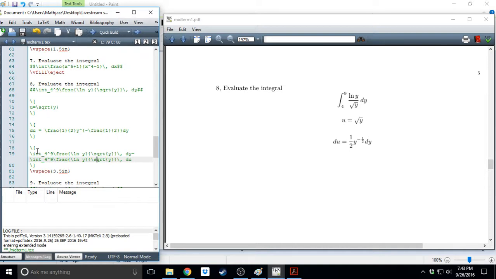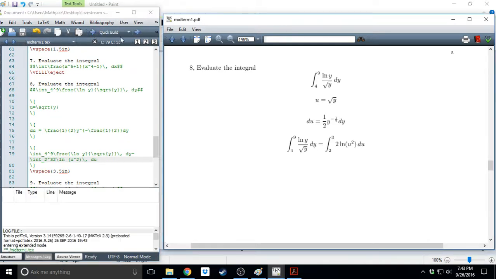The denominator becomes nothing. We take it out. When we plugged in 4 to y, we'll get out 2 for u. We'll get out 3 when we plug in 9. ln of y becomes, well, if square root of y equals u, then y is equal to u squared. So we'll get ln of u squared du. I think there's a 2. Yeah, there's the 2.